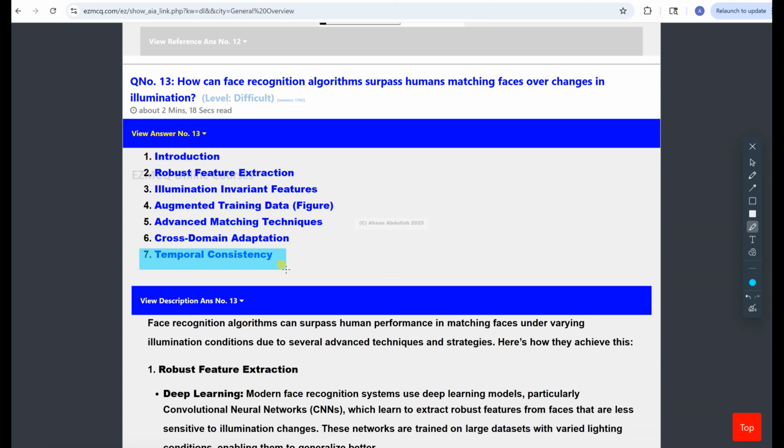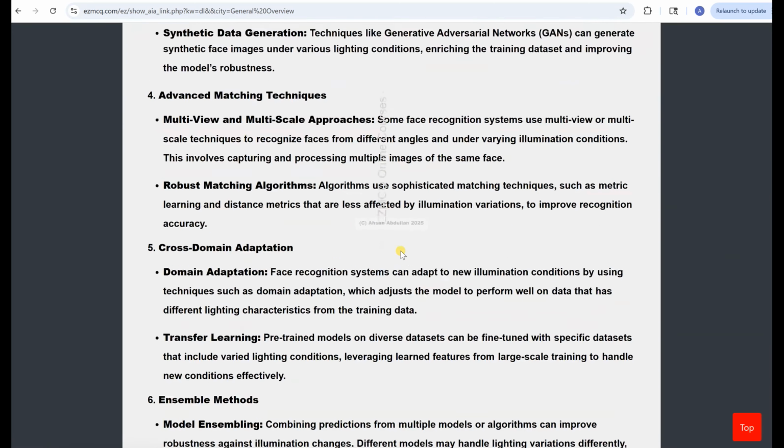They are able to maintain the identity of the person despite the lighting shifts, because with time the lighting shift takes place, and this helps filter out certain issues and artifacts, which gives these systems an edge over humans, because humans rely on single moments and are affected by other things. All right, so let's move on to the next concept.